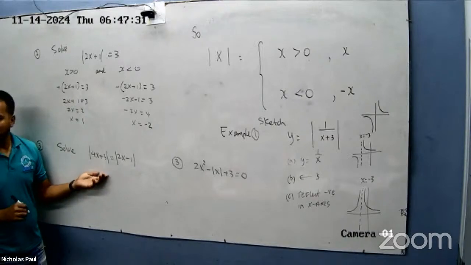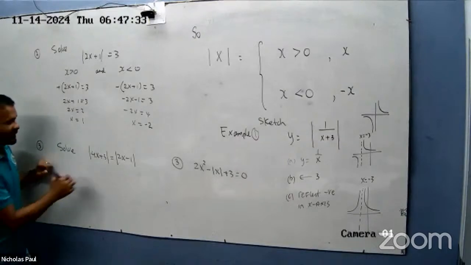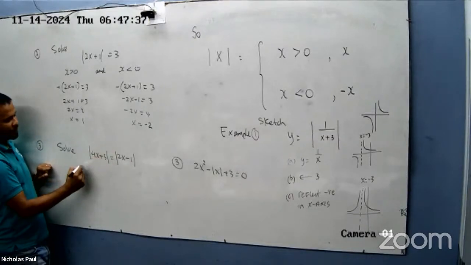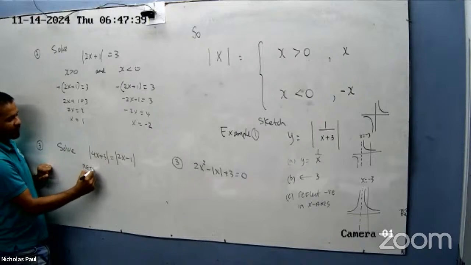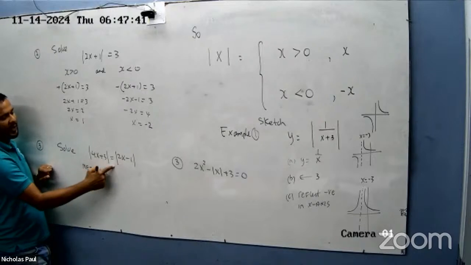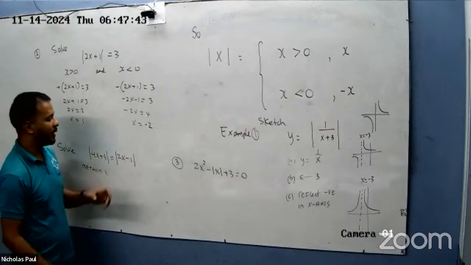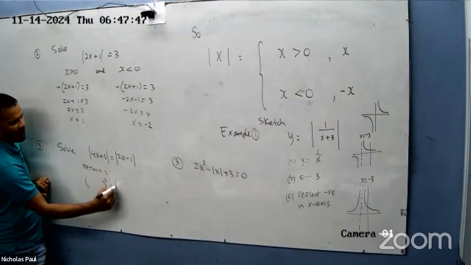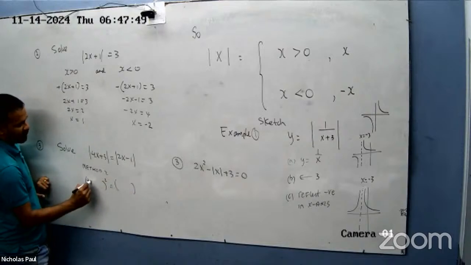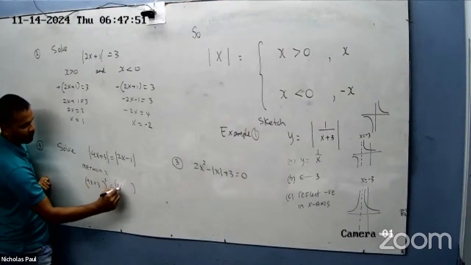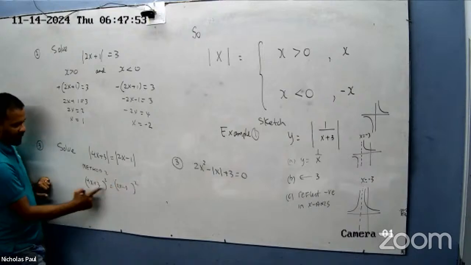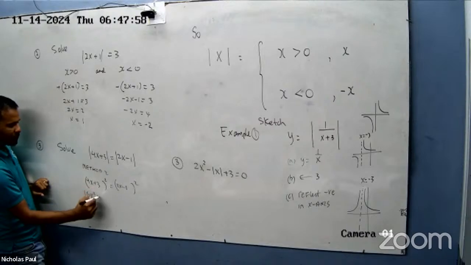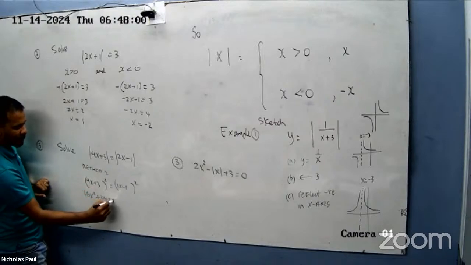Here now, I'll show you method 2 in this case. To remove the modulus, if I square both sides, squaring will make sure it always stays positive. If I square here, I'll get 16x squared plus 24x plus 9.